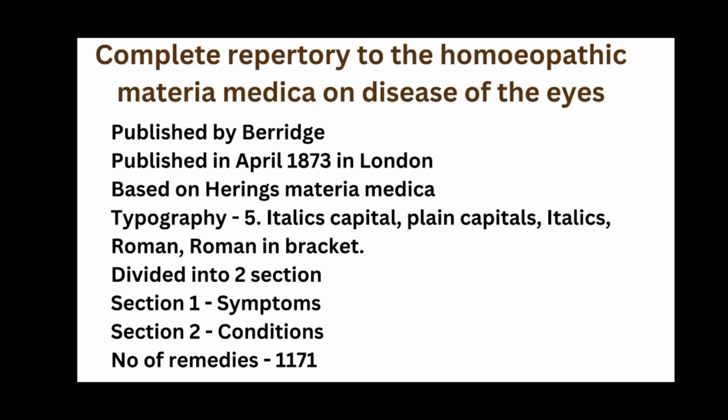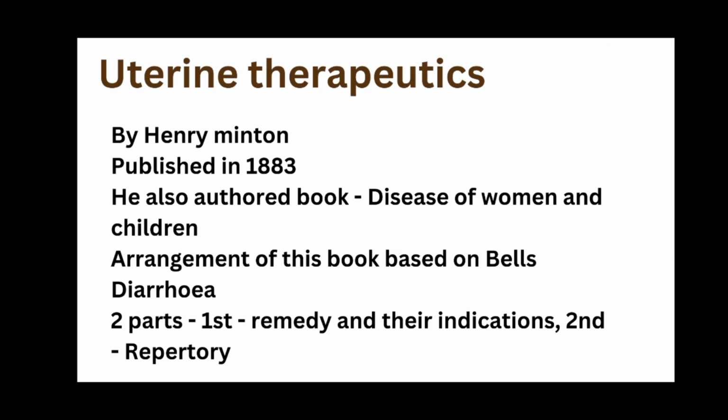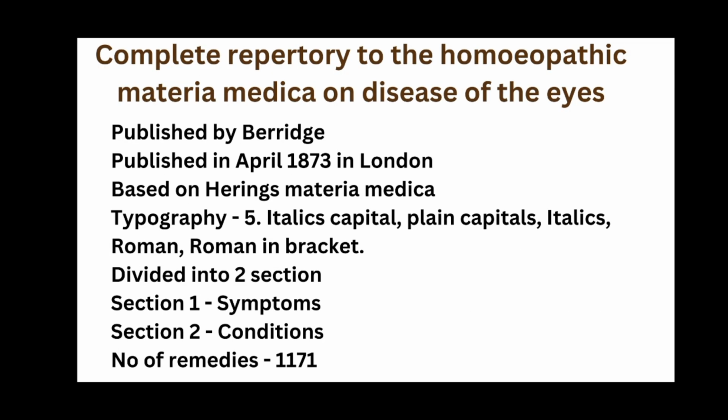It is also divided into 2 sections. First section contains symptoms. Second section contains conditions of the eye. The number of remedies used in this repertory is 1171. So this is Berridge Eye Repertory, published in 1873, 5 typography and it contains 2 sections.